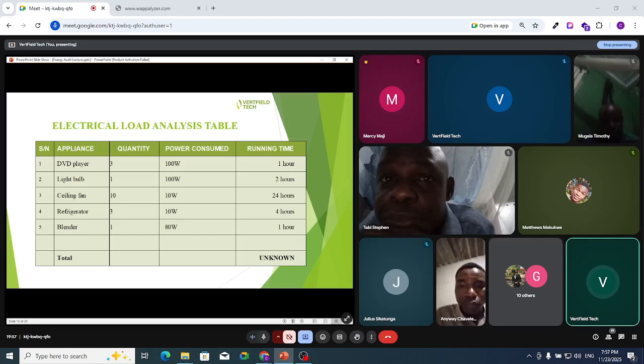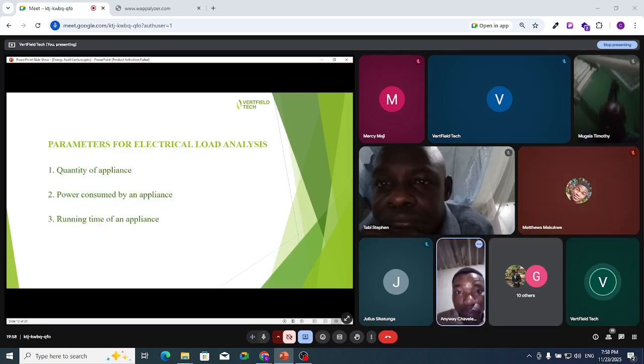One, the quantity of appliance. Two, the power consumed by an appliance. And three, the running time of an appliance. These are the parameters which help you to run electrical load analysis, to size your facility and to know the energy need of your facility.